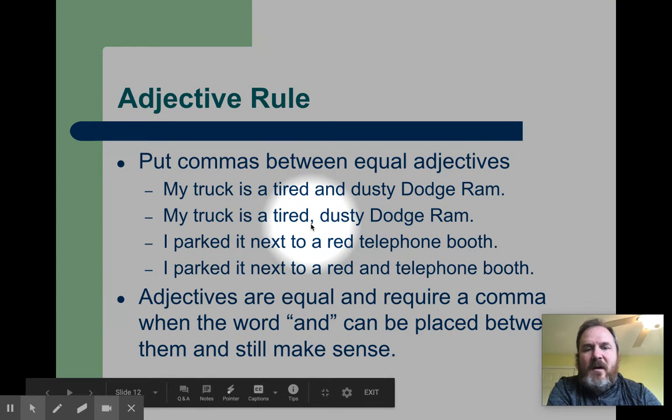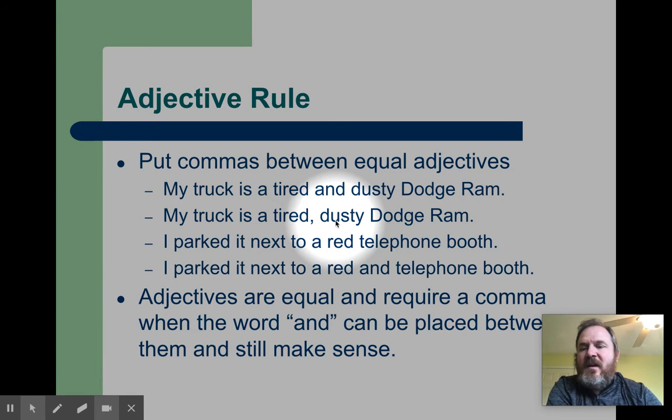So this comma in between tired and dusty is there because when I don't put the word and, you put a comma. Adjectives are equal and require a comma when the word and makes sense in between them. So that's why I'm talking about this word and.